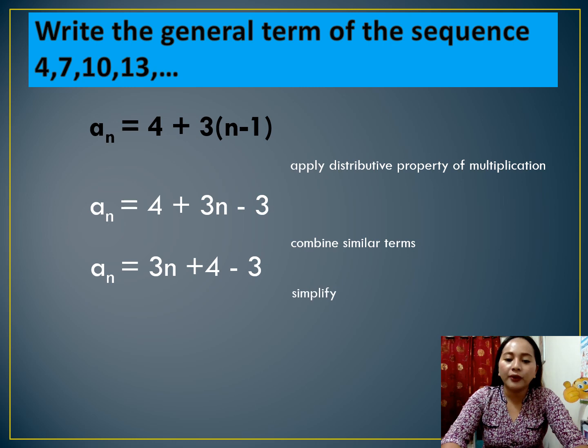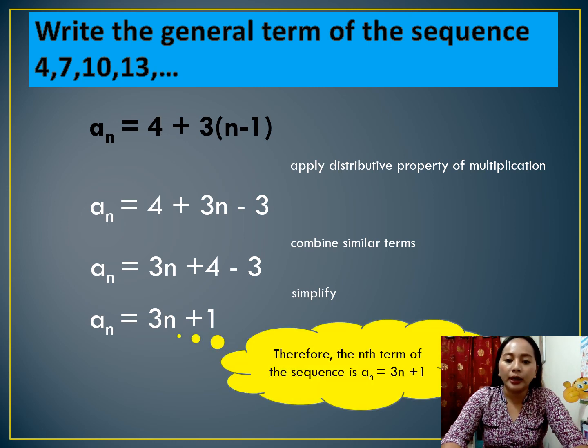And then simplify, that is a sub n is equal to 3n plus 1. Therefore, the nth term of the sequence, or the general term of the sequence 4, 7, 10, 13, and so on, is a sub n is equal to 3n plus 1.